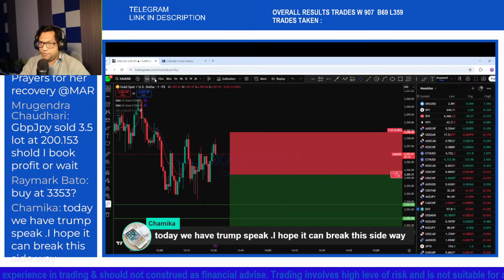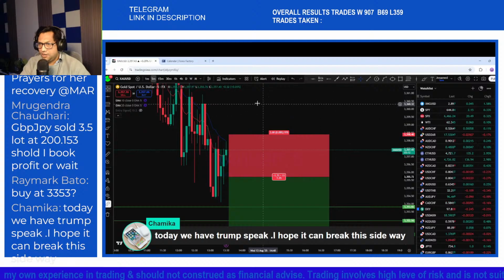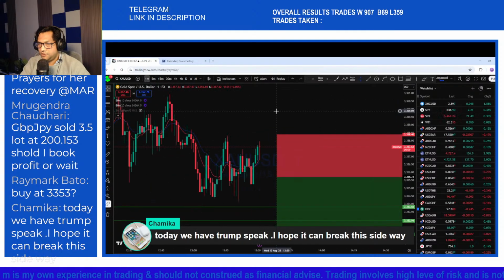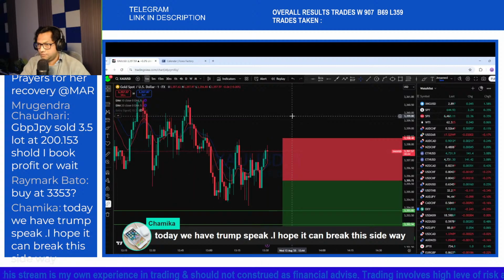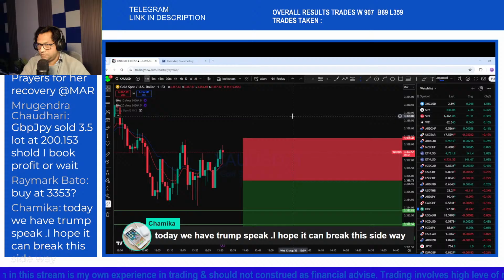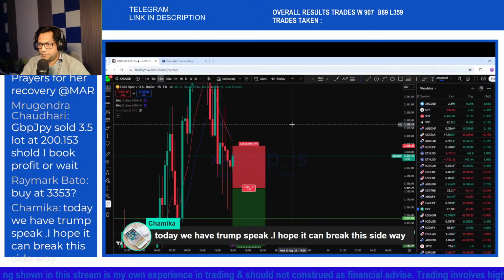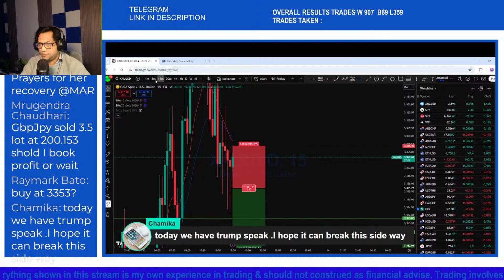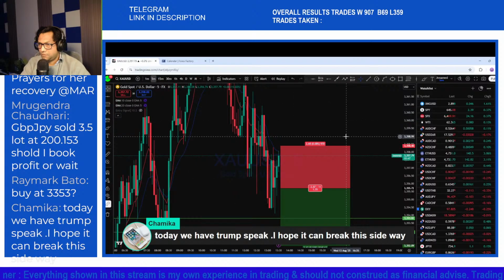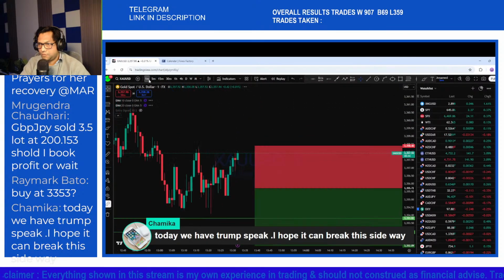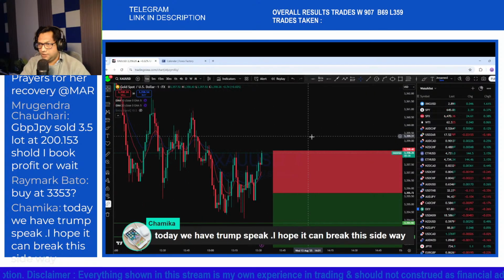Right, so the price is trying to push back from the 5-minute price action here, and it's pushing back again to the upside in this area.